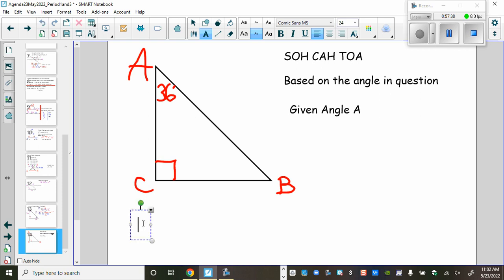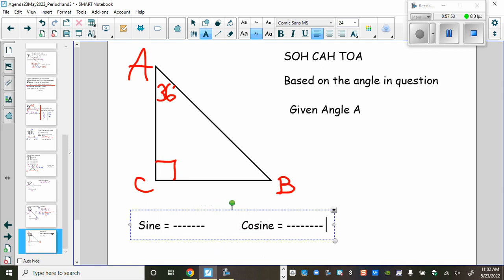So remember, sine equals, and I'll fill that out for you. Cosine equals, and then tangent, and again, it goes from the angle.